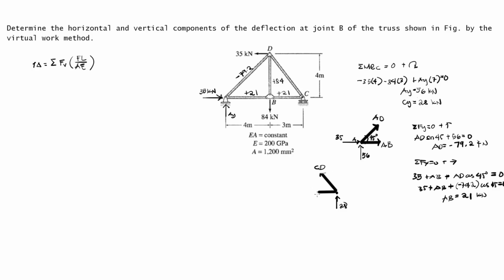CD. And ito yung ating BC. Okay? Yung BC natin is positive 21. Okay? So, kunin natin yung CD. So, that is summation forces along Y is equal to 0. Positive upward.